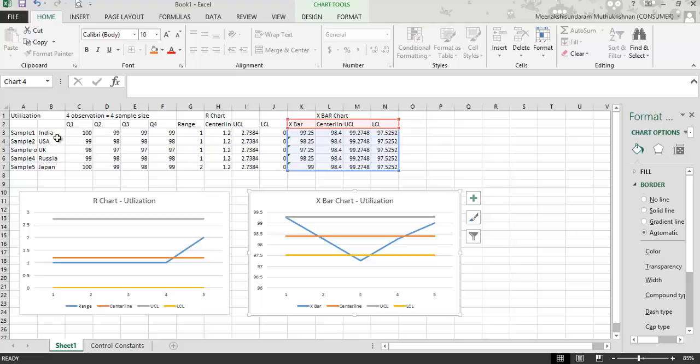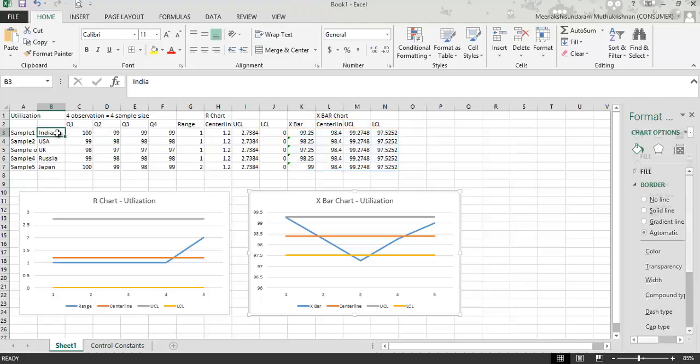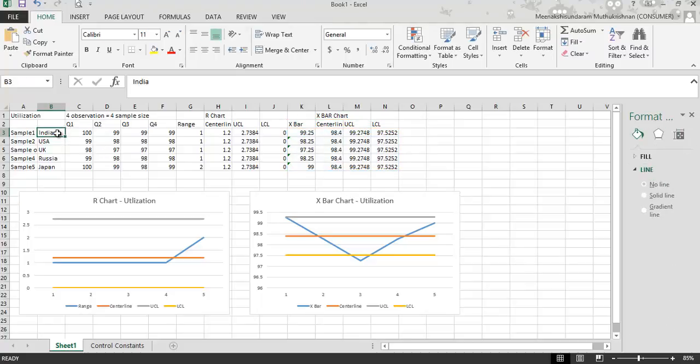For example, if you're working in an account which has multiple projects, you can take samples as different projects, take one of the metrics, and understand how each project is working each quarter, or by month, by week, or by days, and compared to that project how the other project is working, and which is doing better.